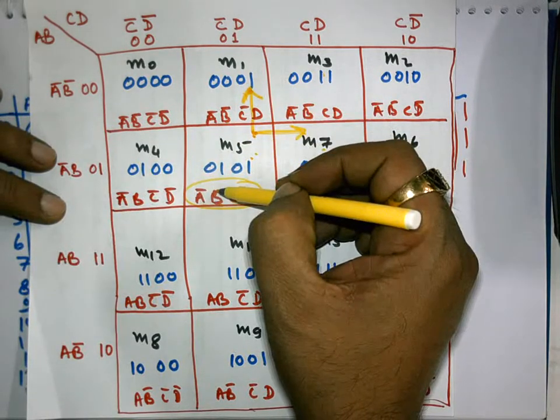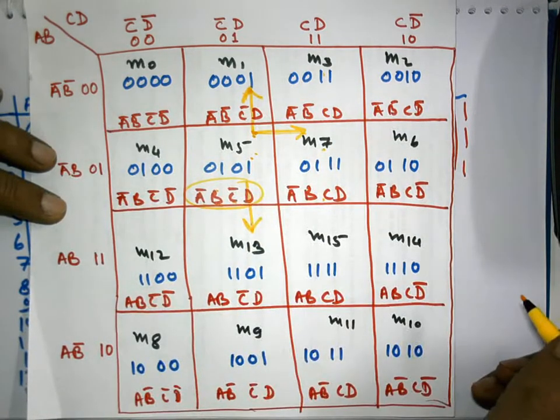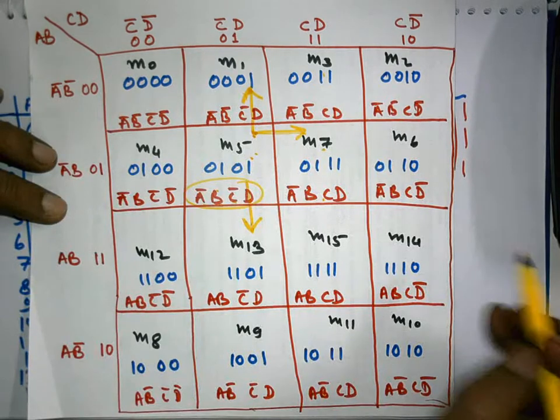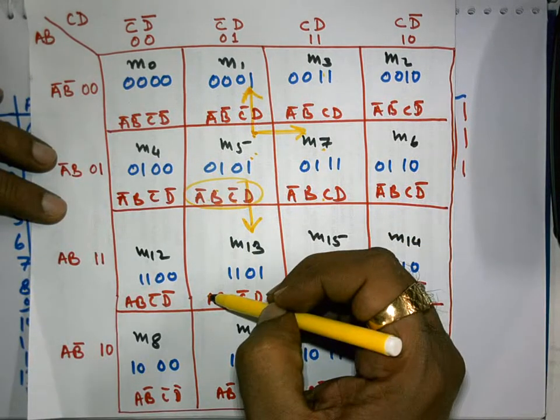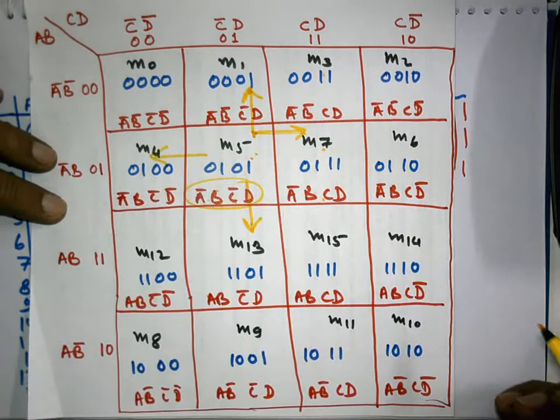B bar is changing to B. Okay. If you roam from M5 to M13, which variable change is occurring? Only A is changing. The rest of the variables are the same. If you roam from here to here, only D is changing. The rest of the variables are the same.